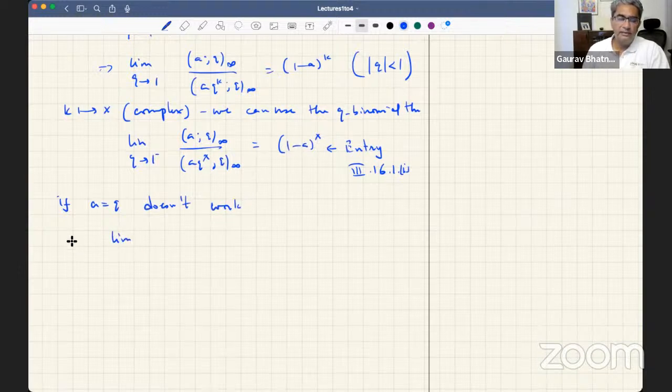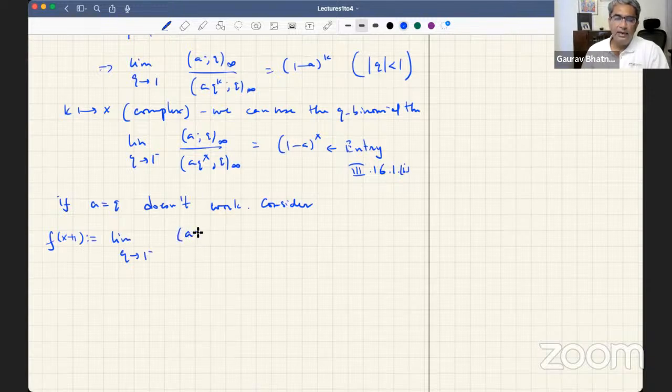So consider the limit. Let me call this f of x plus 1, the limit as q goes to 1 from the left. So we want the absolute value of q less than 1, q going to 1 from the left, maybe q is real, but for smaller values, essentially.